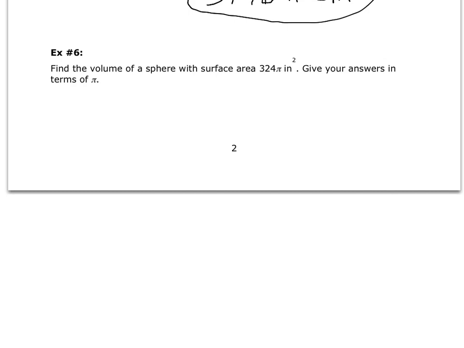Okay, number 6. Number 6 says, find the volume of a sphere with surface area of 324 pi inches squared. Give your answer in terms of pi. So I wanted to find volume, so I make sure I'm focusing on the correct formula, and we were doing 4/3 pi r cubed. Now when I look at that, the only variable is r.